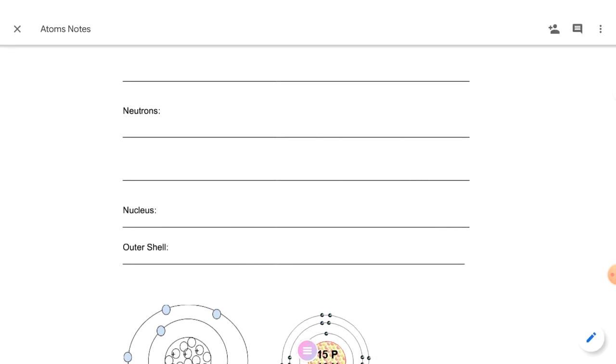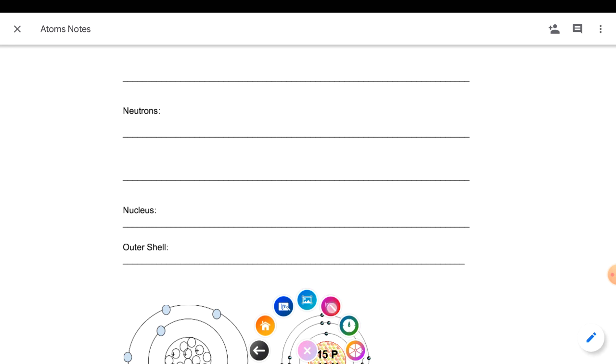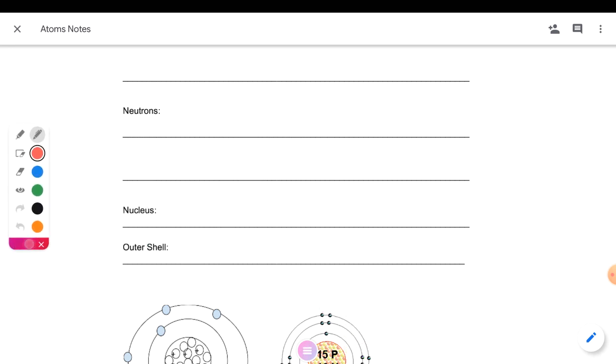On the second row of nucleus, I want you to write atomic mass minus atomic number equals number of neutrons.